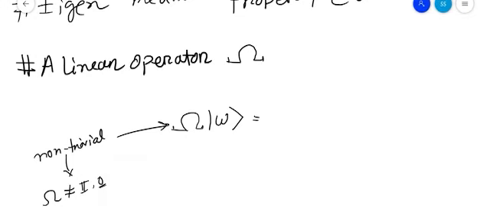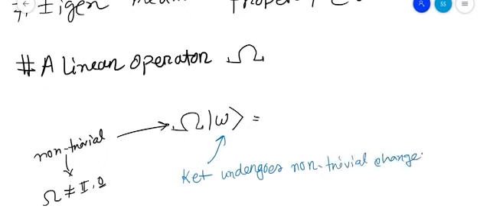If omega is a non-trivial operator, then this ket undergoes a non-trivial change. Let's say after the operator acts on the ket, it transforms it to omega prime.